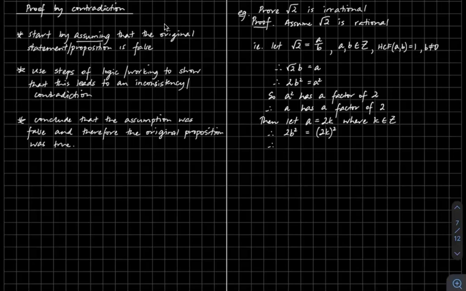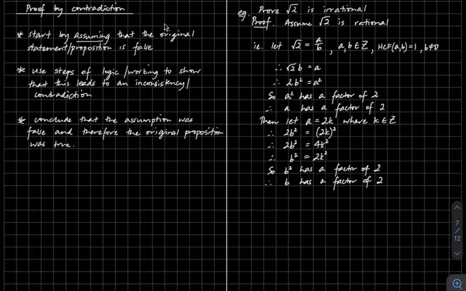Let's do some working with that. We get 2b squared equals 4k squared, and therefore b squared is equal to 2 lots of k squared. Now we're saying that b squared has a factor of 2, which means b also has a factor of 2, or b squared is even, so therefore b is even.